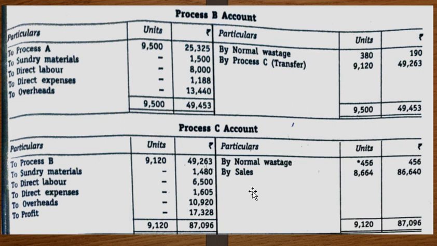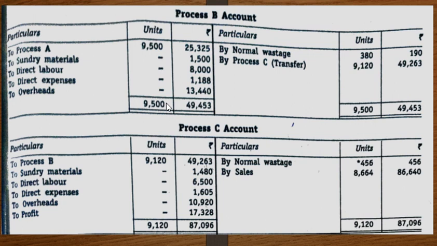Here, as this is the last process, the balancing figure will be transferred to your finished product, which can be sold. So it is sold at a profit. What is the profit on sales? The profit given in the problem is 20% on sales.